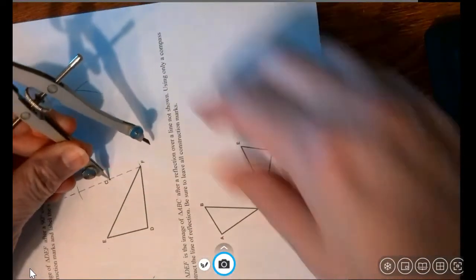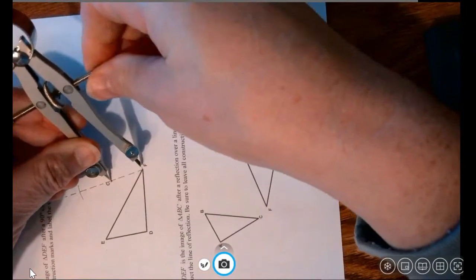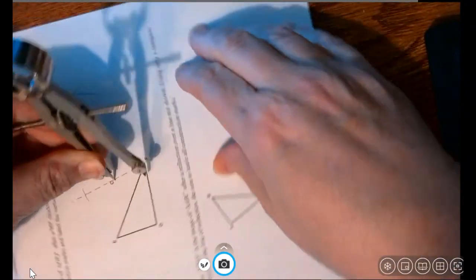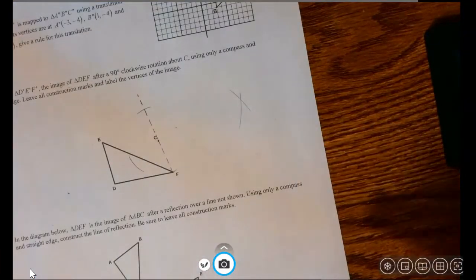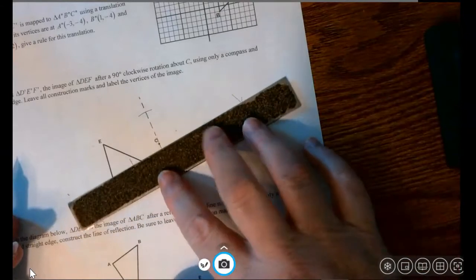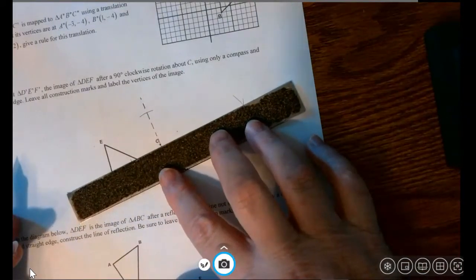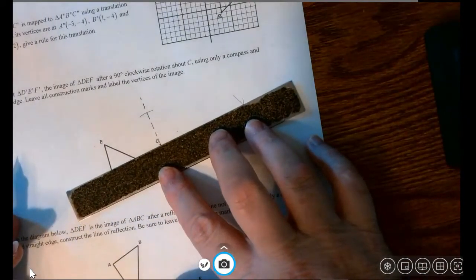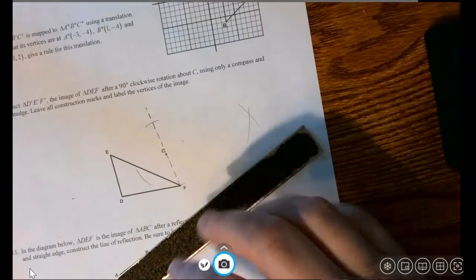So I'm going to measure this distance right here from C to F, and then I'm going to draw an arc up here. So now point F prime is somewhere along that arc. And it is specifically going to be, did I draw the arc long enough? Nope, not quite.